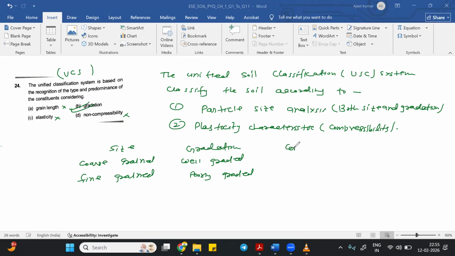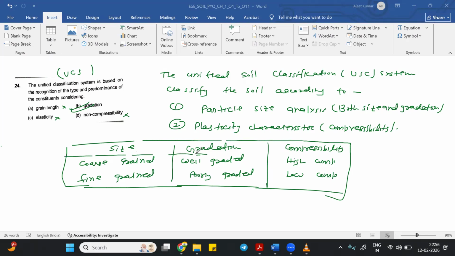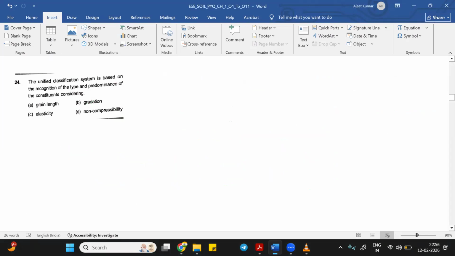And compressibility tells you about high compressibility and low compressibility. Okay, so this is all about question number 24. Now question number 25.